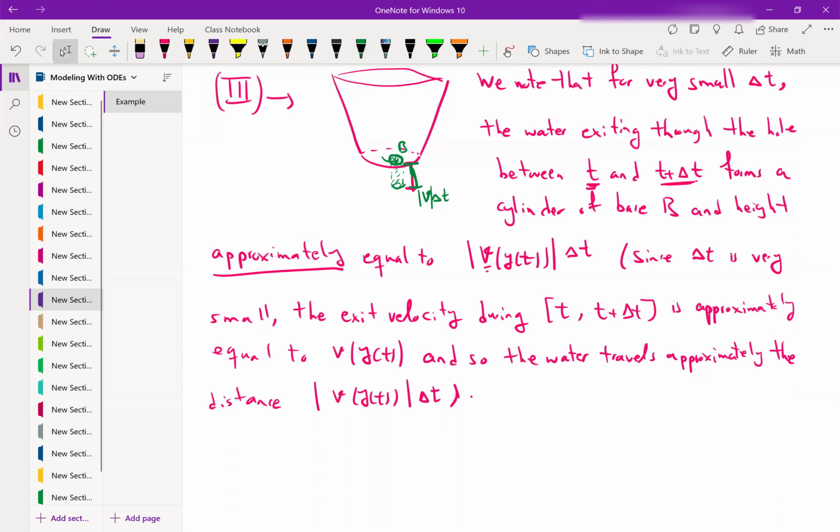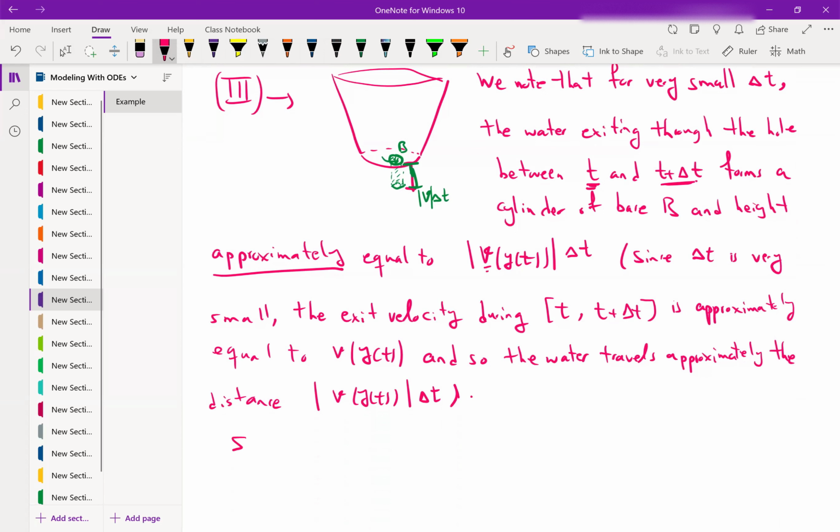All right, so now we have a clear expression for the volume exiting the tank over the time interval from t to t plus delta t. So the conclusion of this argument is, let me just do a summary of what we have learned.